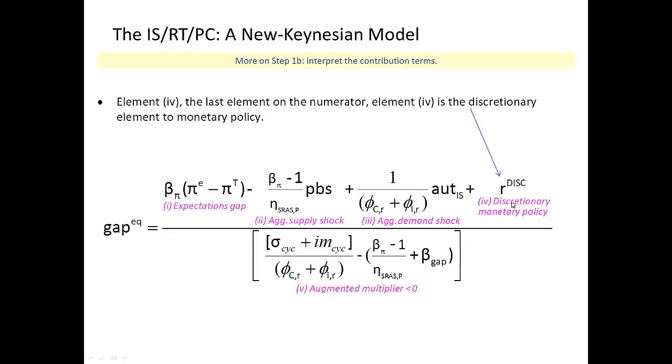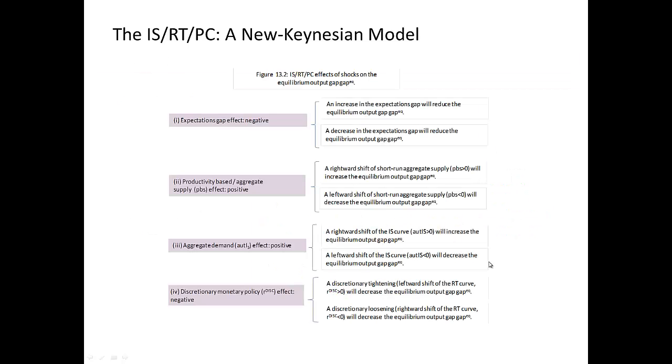Well, guess what? Our algebra bears us out here because we have 1 implicitly multiplied times our discretionary component divided through by this negative term. So the algebra does confirm our intuition that when we raise the interest rate, the gap goes down, and when we reduce the interest rate, the gap goes up.